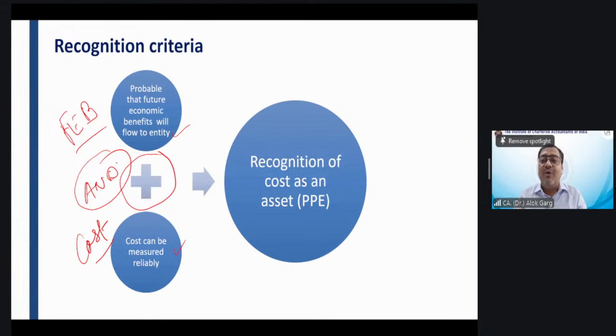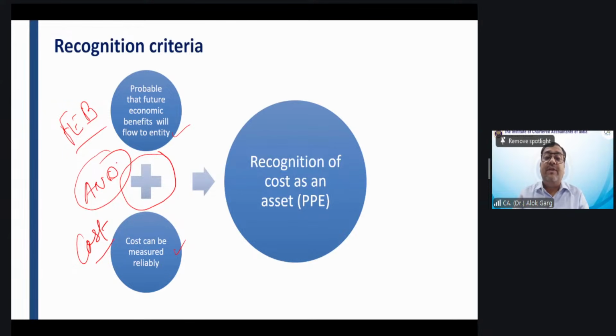Now let me give you more insight into this example. The company has ordered and purchased a machinery from China for rupees 1 crore. When the machinery arrived in the factory of this company in India, the government of India banned the production from this machinery which is manufactured in China.